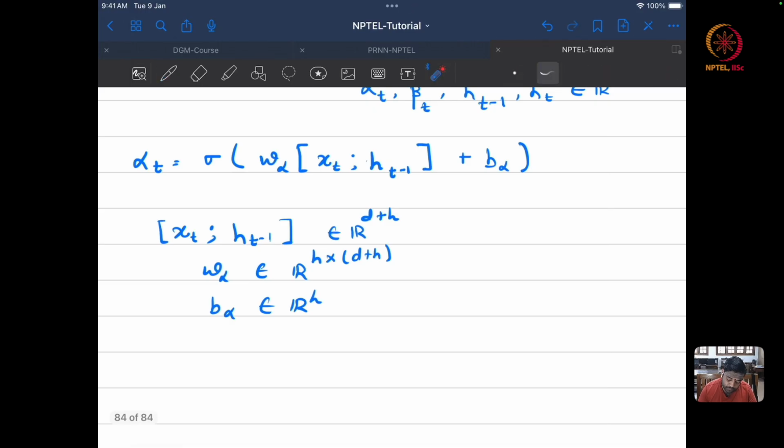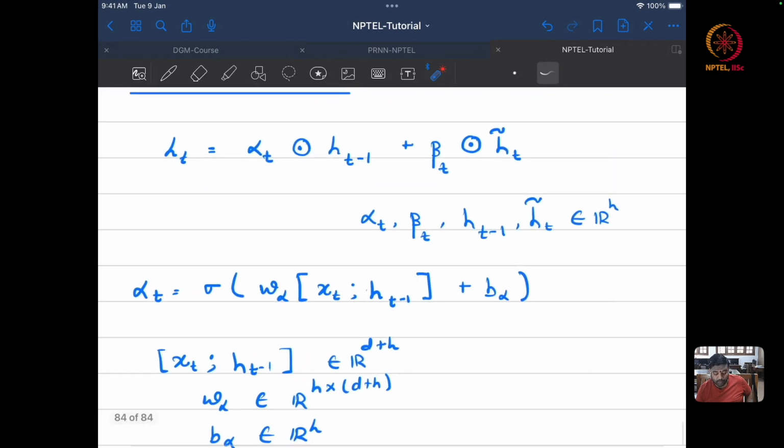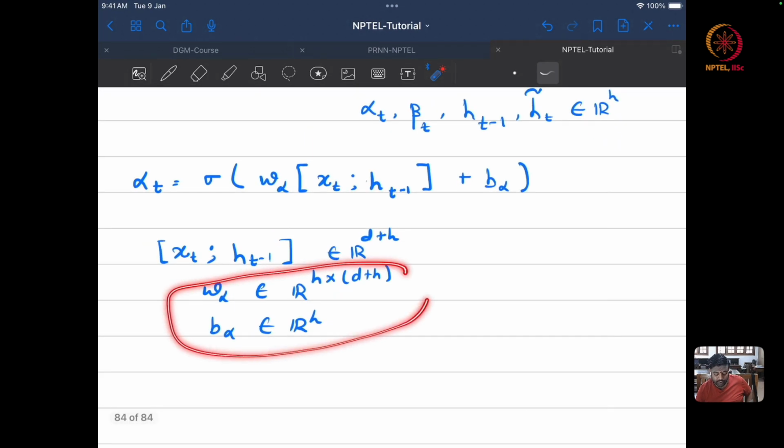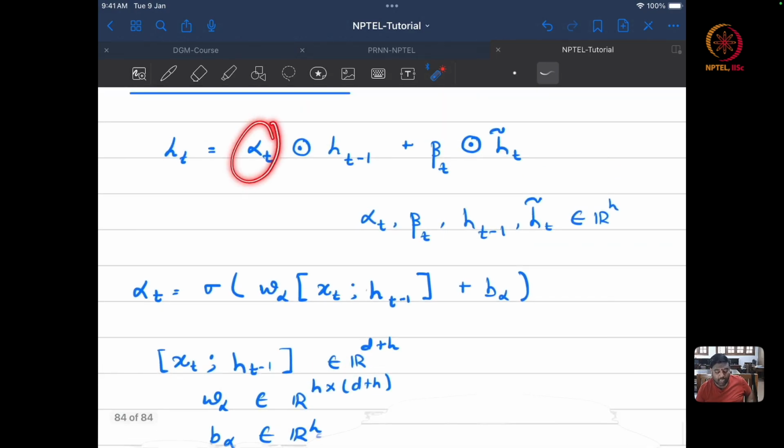Now when you apply this, your alpha_t will be in R^H. Just try to understand that these are the weights that are learnable. As of now we have these many weights for alpha_t.